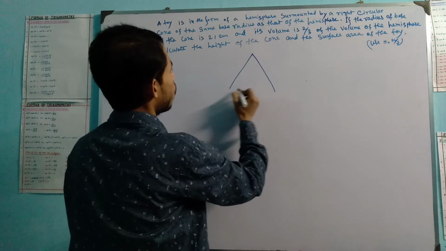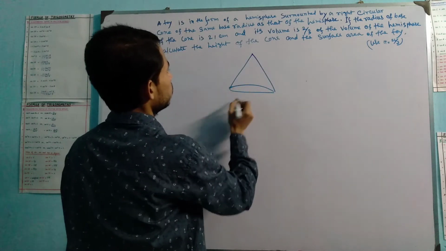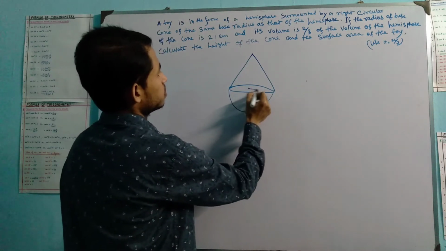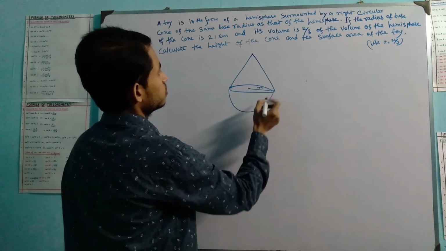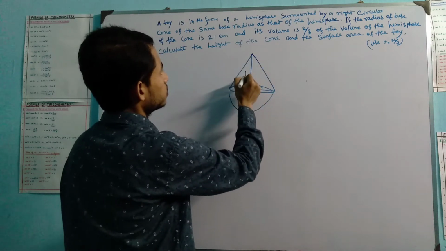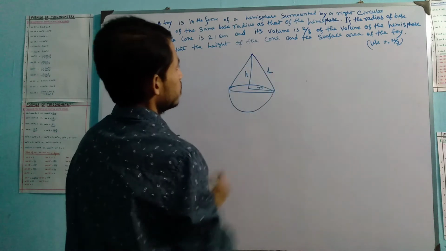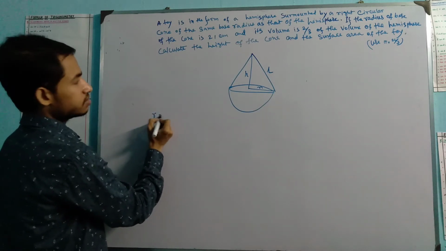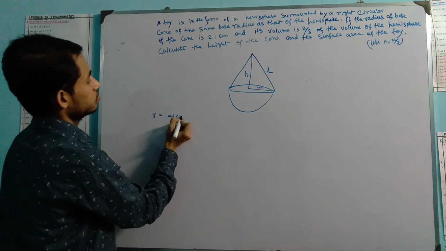This is the right circular cone, and this is the hemisphere. This is the radius of the common base, and this is the height, and this is the slant height. Here r is given as 21 centimeters.